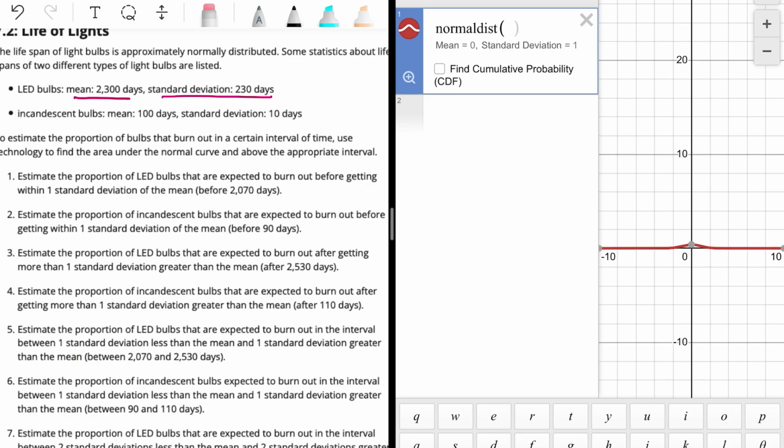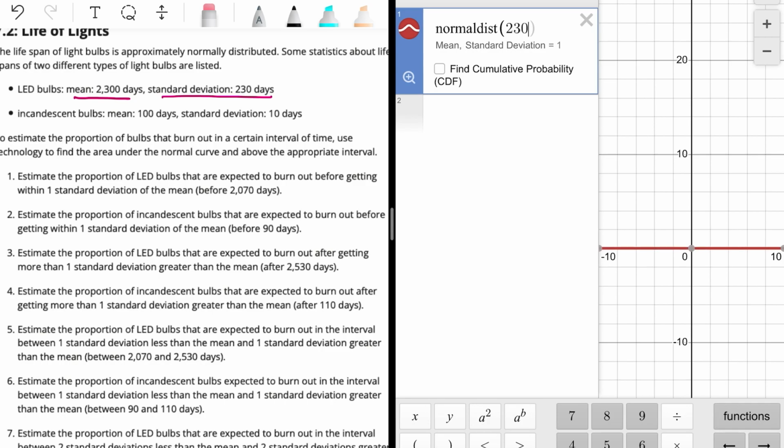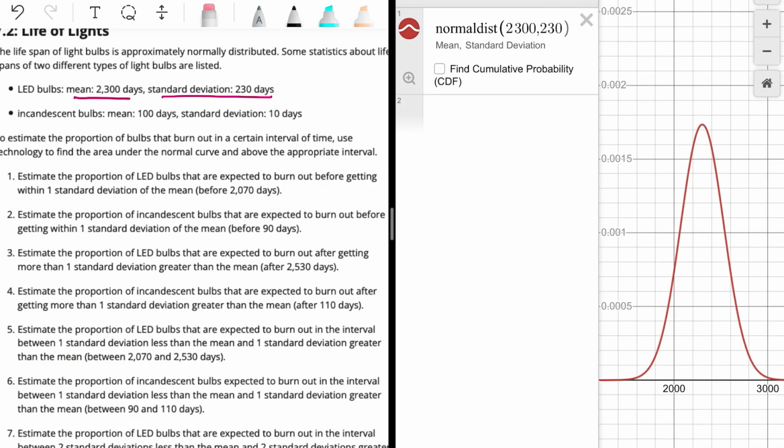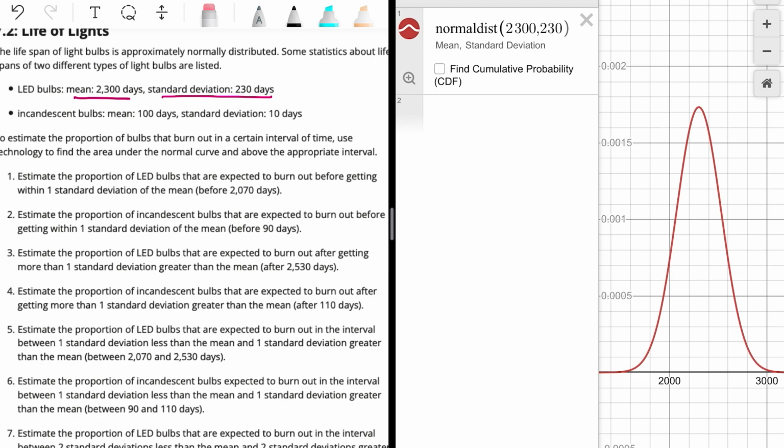Our mean is 2,300 and our standard deviation is 230, right? And I'm going to tap on that little magnifying glass so that we can actually see our curve. And then if we want to find the cumulative probability, that tells us the area under the curve.